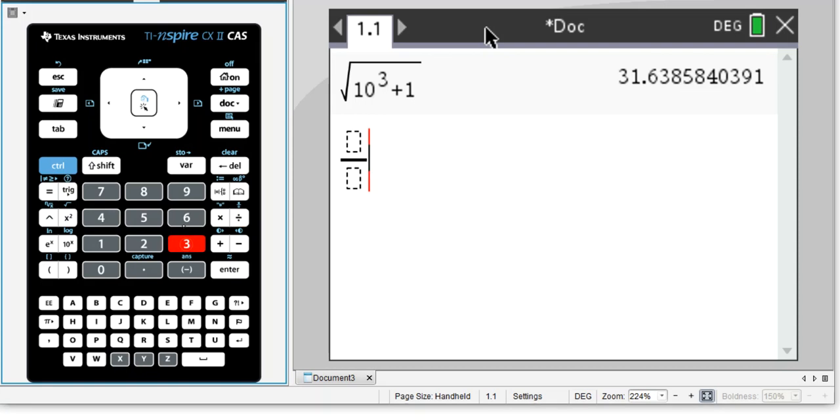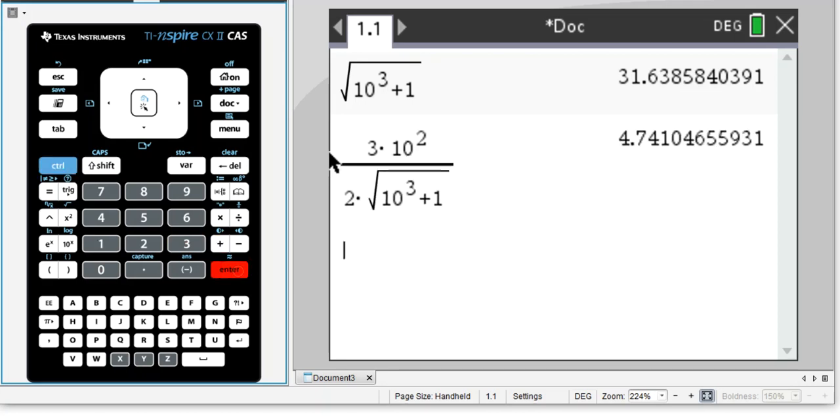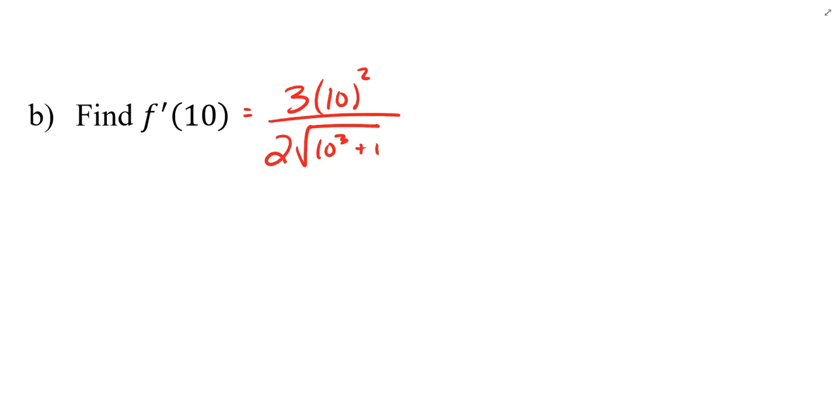So I've created a fraction, and in the numerator I need 3 times 10 squared, and in the denominator I need 2 times the square root of 10 cubed plus 1. And this result comes out to be 4.7410.